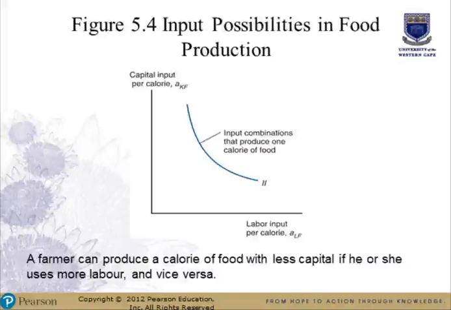Therefore, the ratio of the two factor prices is crucial in determining the optimum labor-capital ratio in the production process. Please go through the appendix for a thorough explanation of the optimum labor-capital ratio determination.